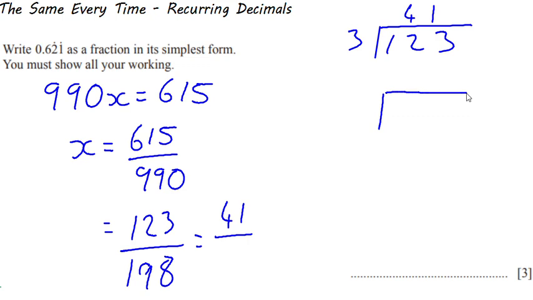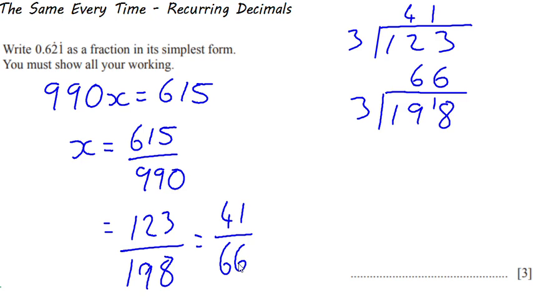And 198 divided by 3. 3's into 1, no. 3's into 19. 6 3's are 18. I wanted 19, so there's 1 left over. And again, 6 3's were 18. So 41 over 66.